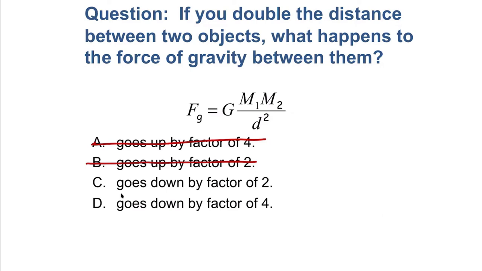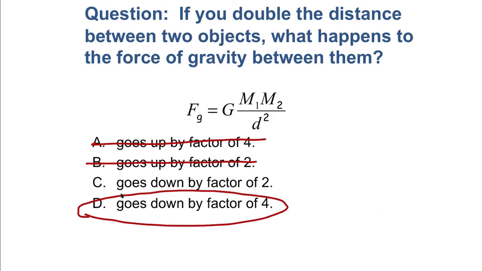And since 2 squared is 4, my answer must be D. It goes down by a factor of 4. If I triple the distance between them, the force of gravity will go down by a factor of 3 squared, or 9. This square in the denominator is a powerful thing. It means that moving things further away has way more influence than changing one of the masses, for instance.